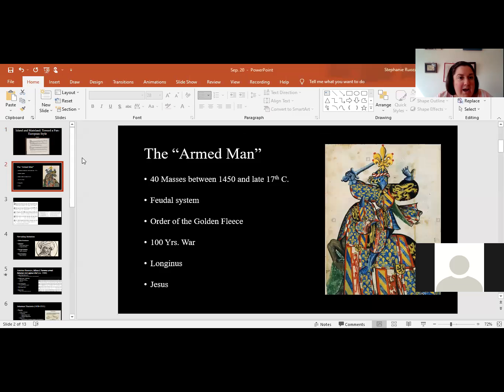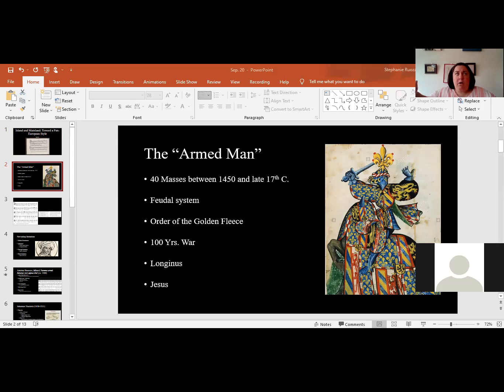Okay. Why was the armed man incorporated into so many masses? Because we can point to at least 40 masses between 1450 all the way through the late 17th century, the late 1600s.